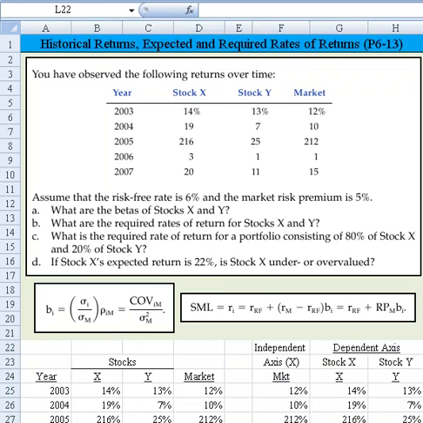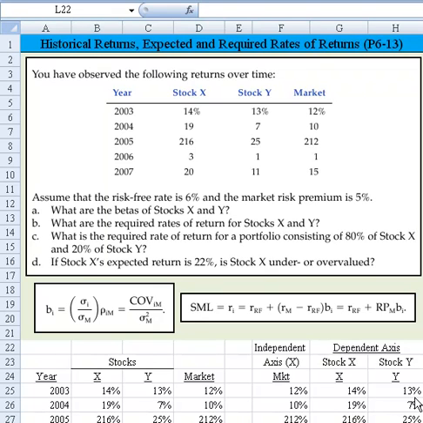Sigma i is the standard deviation of stock i's return, in other words, the standard deviation for the stock we're interested in. Sigma m, the bottom term, is the standard deviation of the market's return. And this symbol, which I believe is pronounced rho i m, represents the correlation between stock i's return and the return on the market.